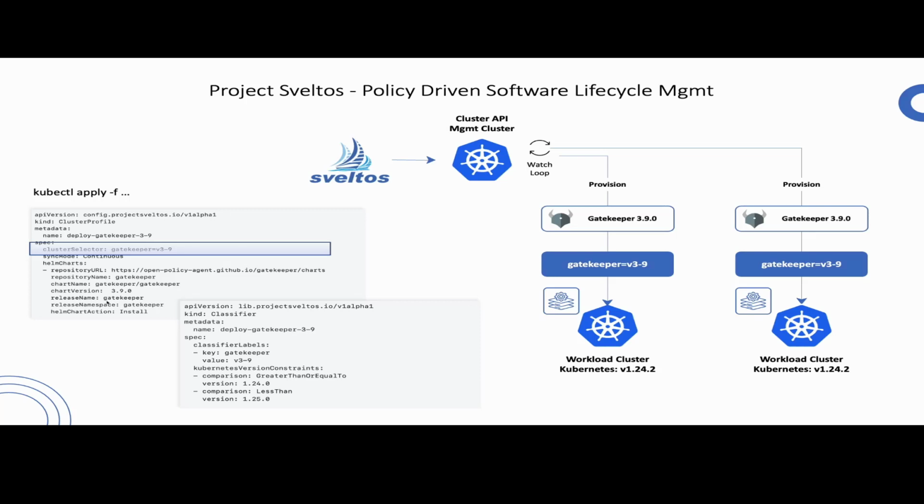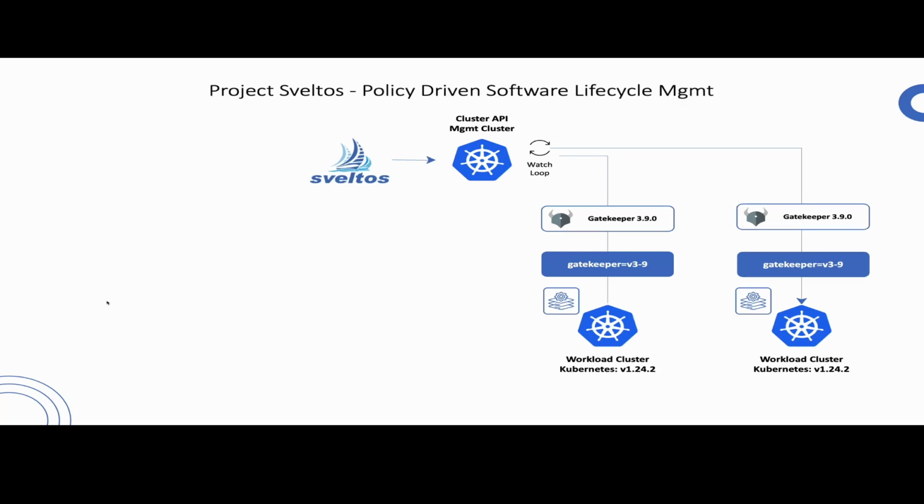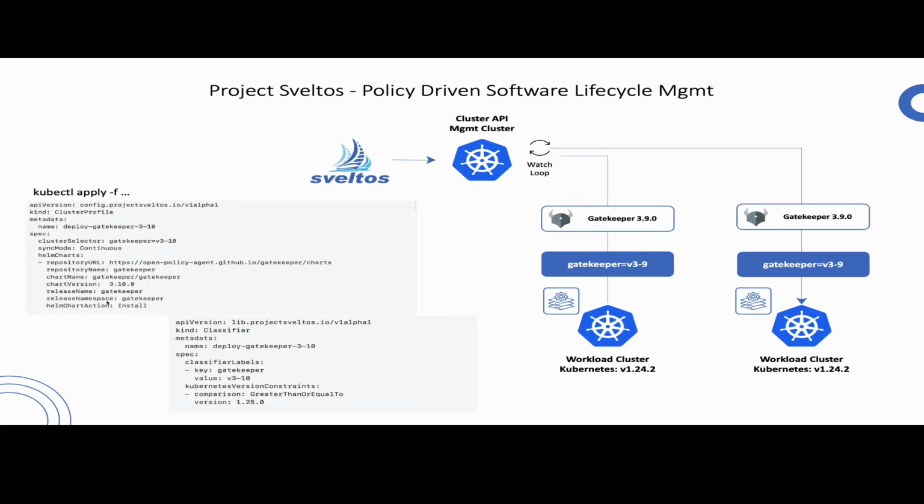What happens if now I want to upgrade Gatekeeper to version 3.10.0 if the cluster gets upgraded to a Kubernetes version which is higher or equal than 1.25? Well, I can post another pair of classifier and profile.